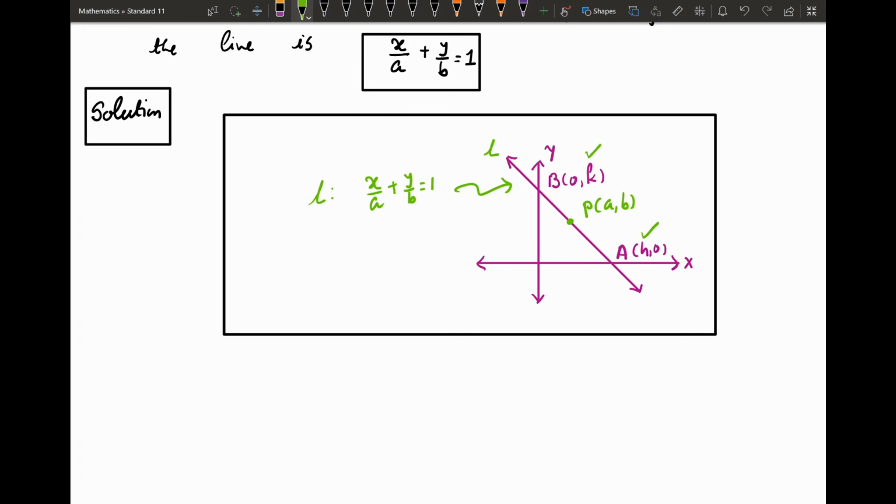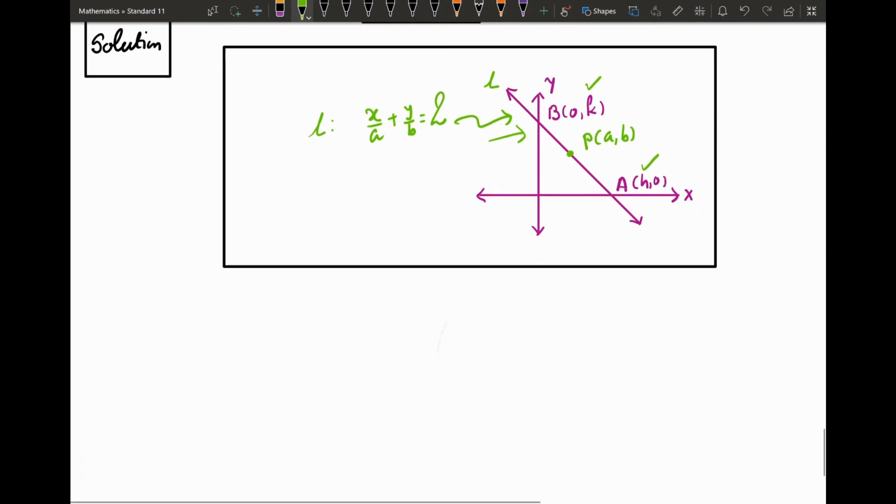So the equation of L, here we have to make a correction: we have to prove not 1 but 2. We will use the intercept form because h is the x-intercept and k is the y-intercept.